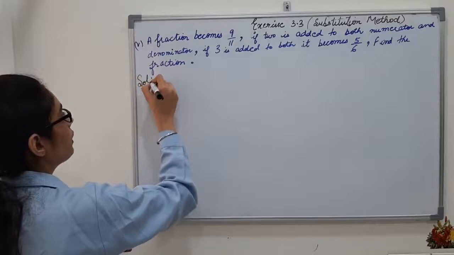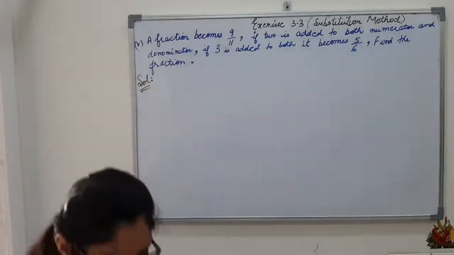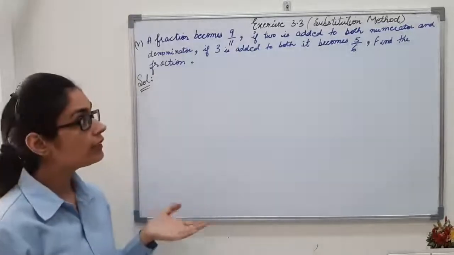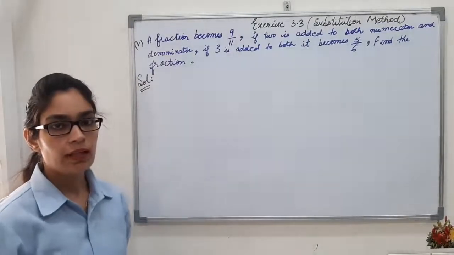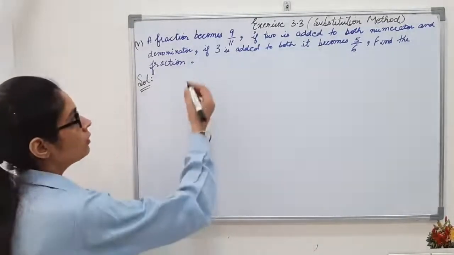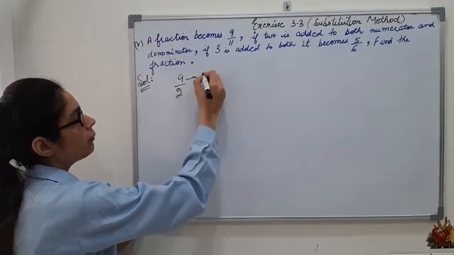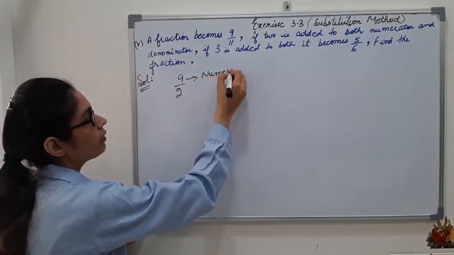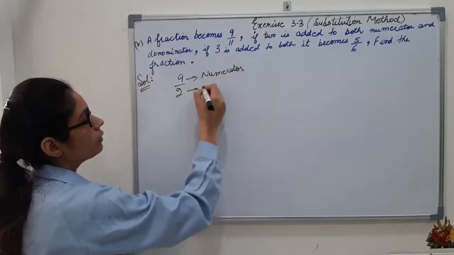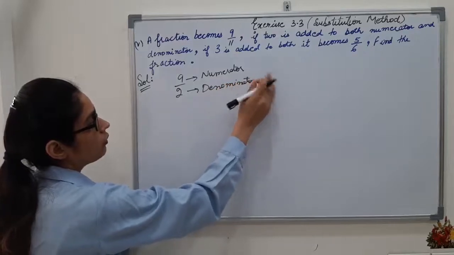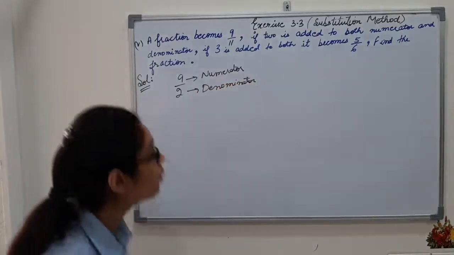As I told you earlier also, whichever thing they asked us to find, that thing only we have to assume as our two variables. So a fraction consists of, if this is a fraction, my upper term is known as the numerator and the lower term is known as the denominator. So a fraction consists of two terms, numerator and denominator.